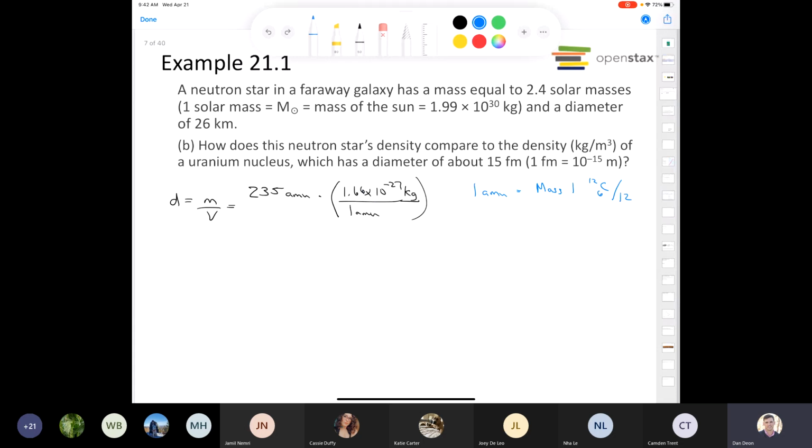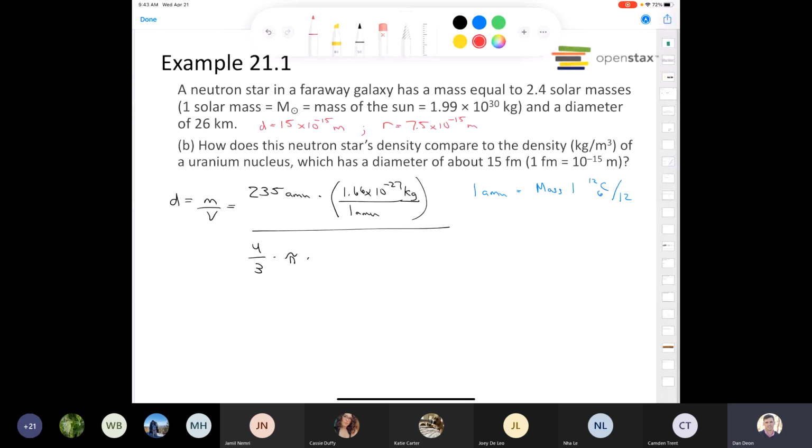Anyhow, we're going to divide that mass by the volume, which is 4/3 times pi times our radius cubed. If our diameter is 15 femtometers, the diameter is 15 times 10 to the negative 15 meters. That means the radius, you just divide that by 2, so you have 7.5 times 10 to the negative 15 meters.